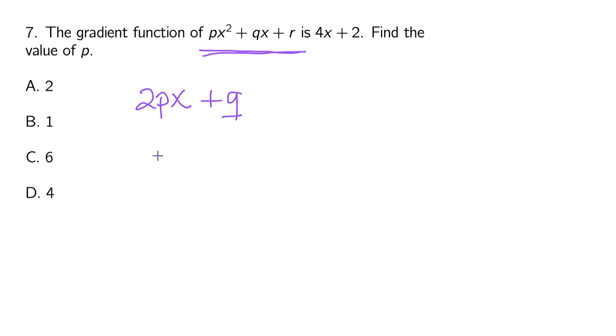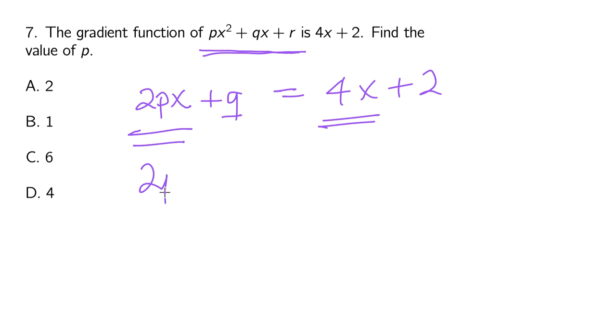That's the derivative, and we are told that this is equal to 4x plus 2. So if we equate coefficients of x on both sides, the coefficient of x here is 2p, and on the right it is 4. So p equals 2. And also q is 2, but we don't really need q now.